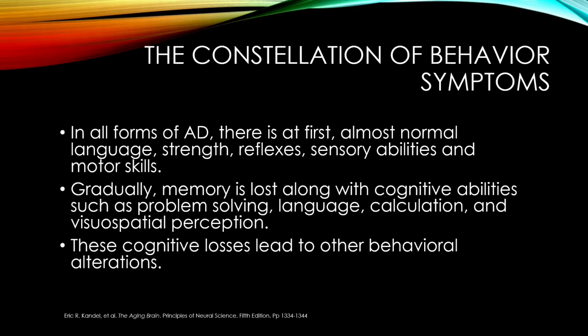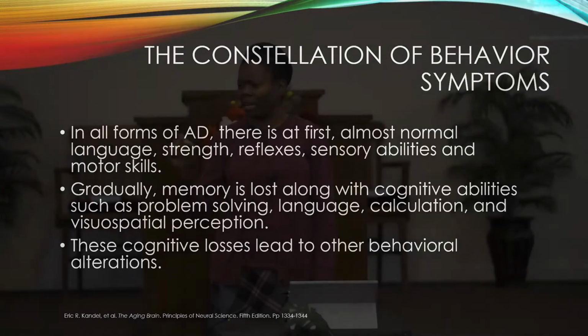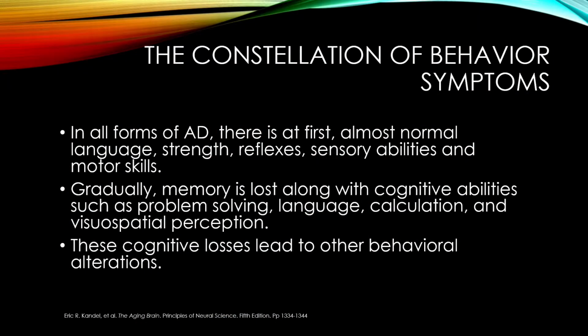Language, calculation is a big one. You find people that start getting confused just trying to give change. And visual, spatial perception. They're not able to tell how deep something is, and you start to have very slight accidents to begin with, and then the accidents become a frequent occurrence. Then as time goes on, these cognitive losses lead to other behavioral alterations and even psychosis.